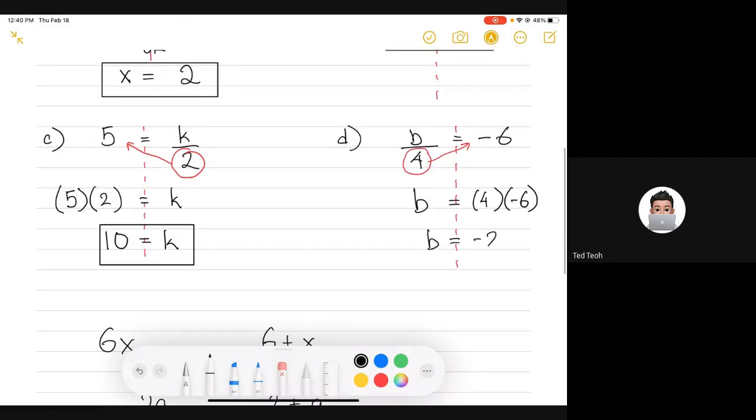Your answer will be -24. Some of you might not know how to calculate negative numbers on your calculator. There is a big difference between a minus sign or subtraction sign on your calculator and a negative sign on your calculator. If you have an iPhone, you need to turn your phone sideways into landscape.